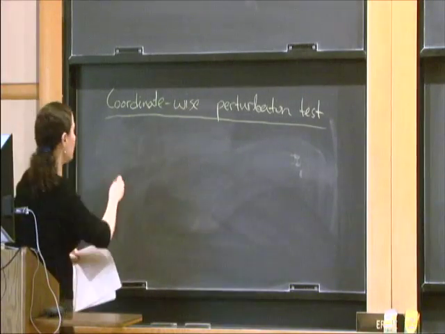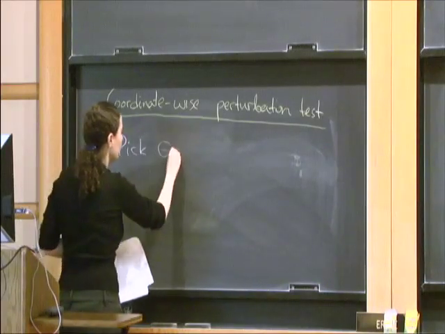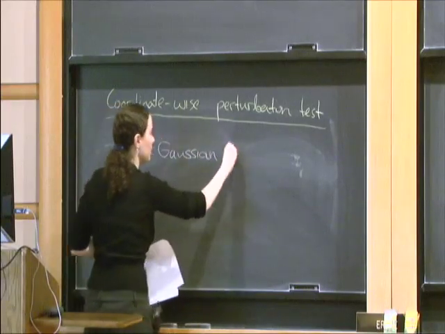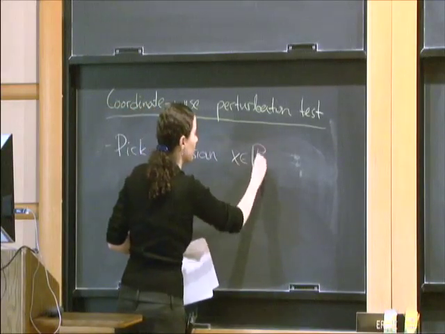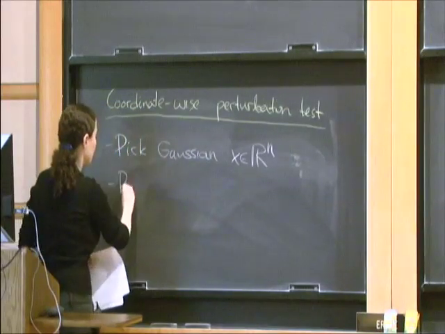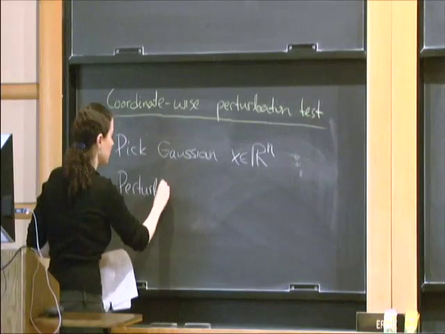What you can do is pick a Gaussian x in R^n, and then perturb it as follows.